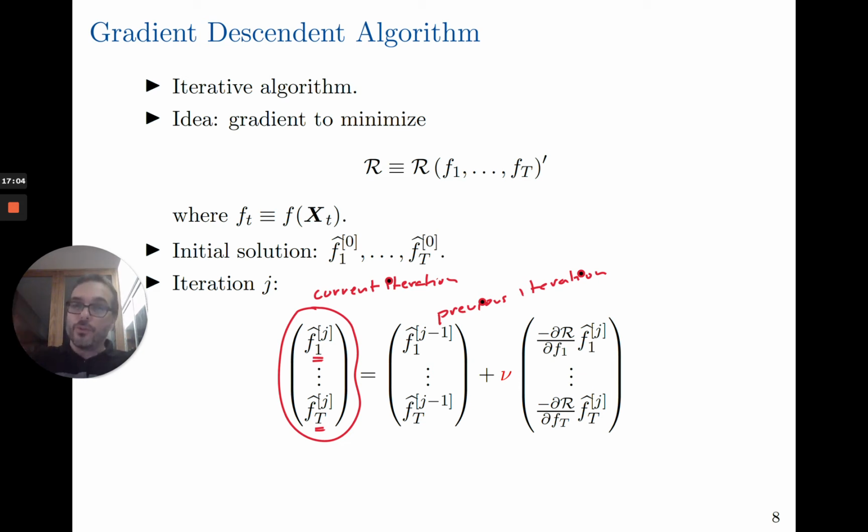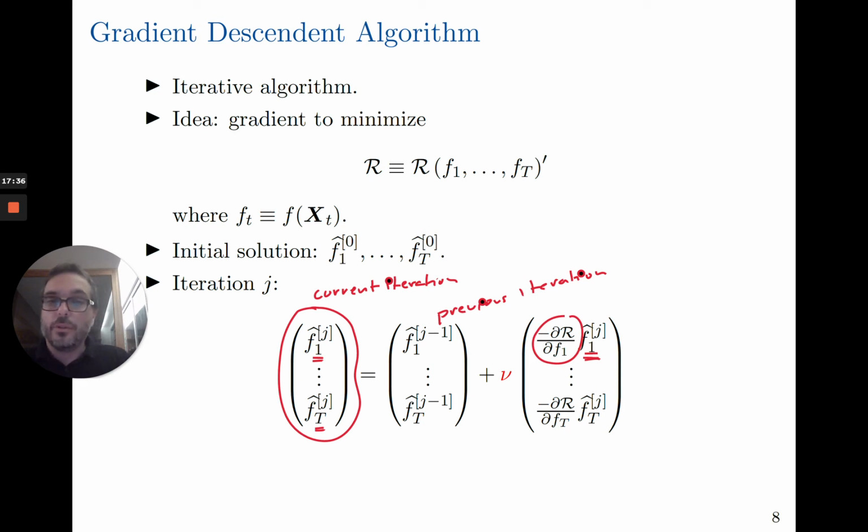So how do we move towards the hole? We have to use information from the gradient, more specifically, minus the gradient. Okay? So we are going to take the derivatives of the empirical risk with respect to each function, to the weak learner, the f, take the negative value and evaluate it at the estimated model.